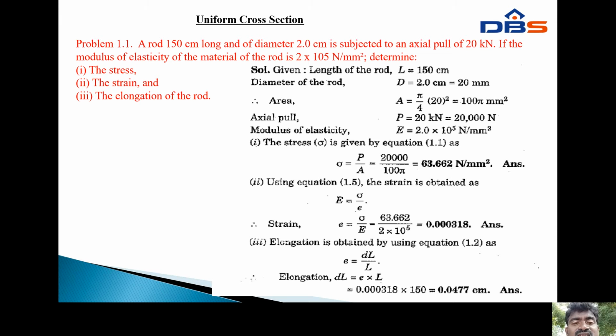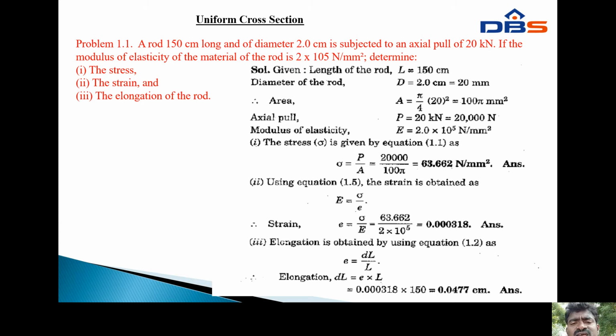Therefore, to calculate the stress, stress equals load by area. Load means P, area means pi by 4 into d square, already calculated. Therefore stress equals P by A. P value is already calculated, 20 into 10 cube or 20,000, divided by A, which is 100 pi.